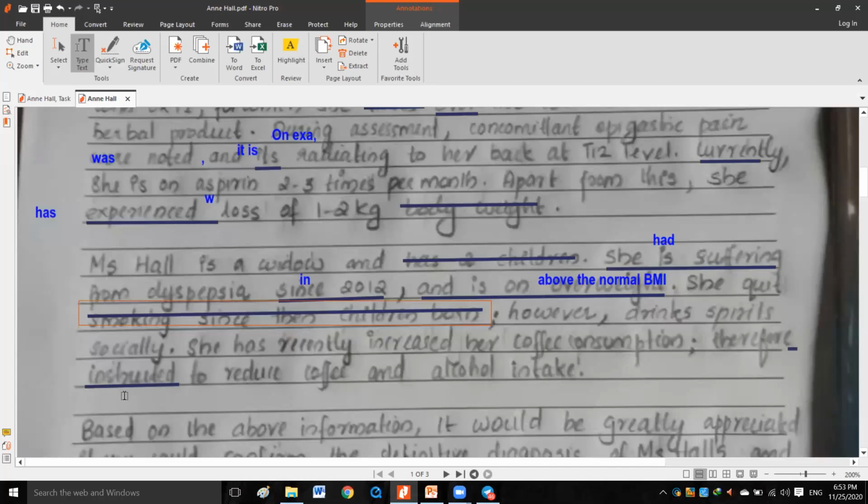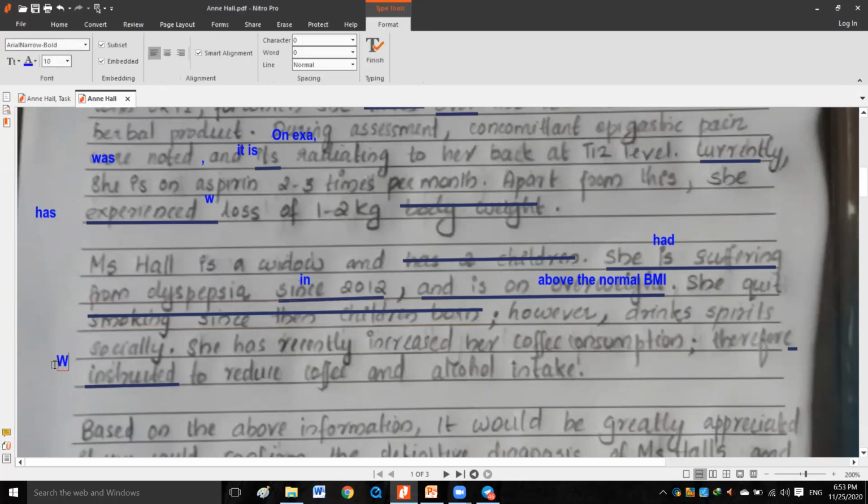She has recently increased her coffee consumption, therefore was instructed to reduce coffee and alcohol intake.